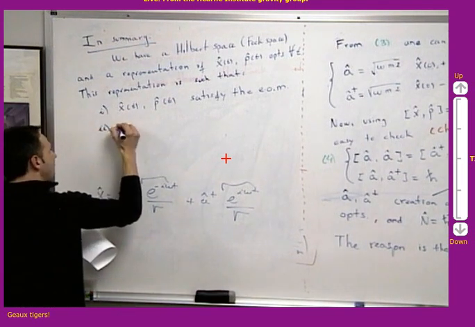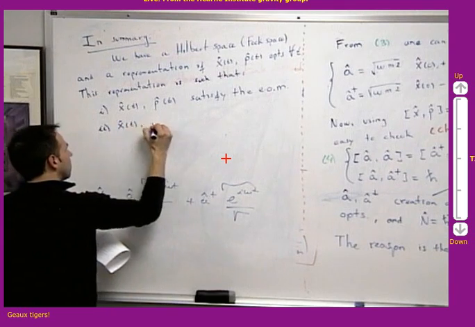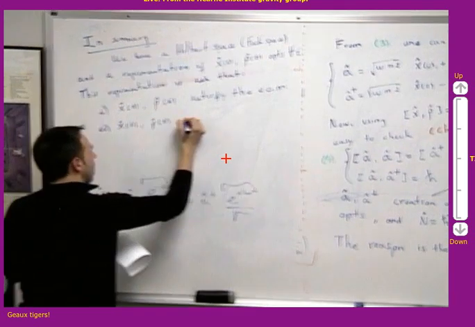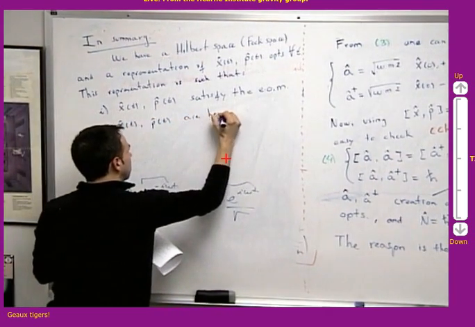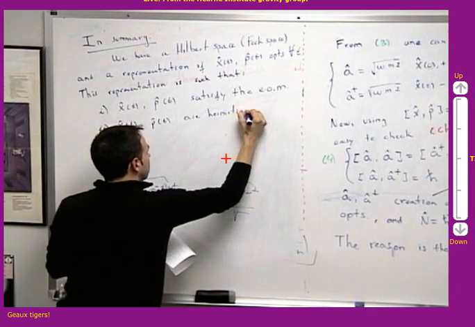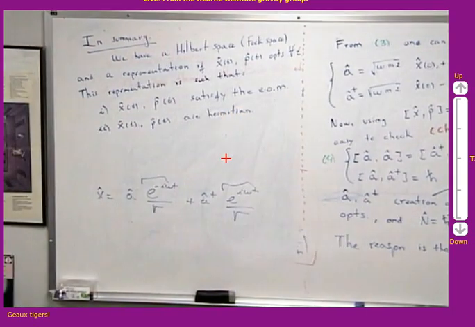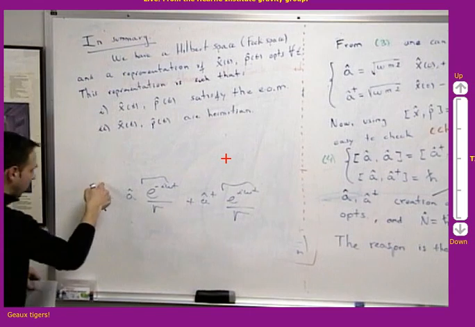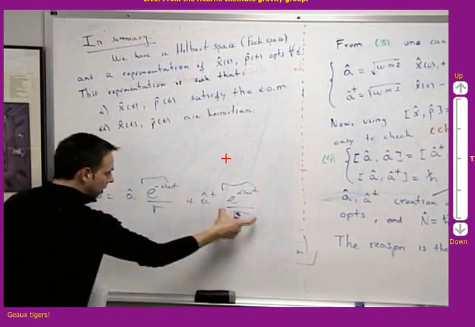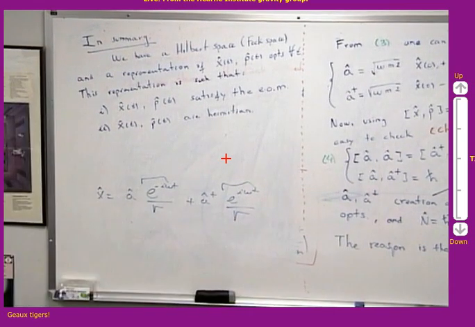Second, our representation shows that they are Hermitian. So we know that x and p have to be Hermitian. If you take the Hermitian conjugate, this guy is Hermitian, is self-adjoint. So good.